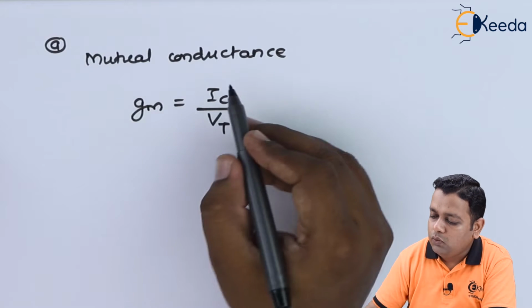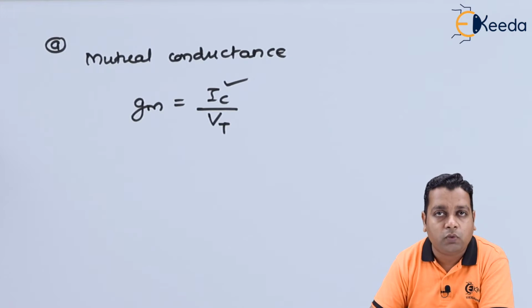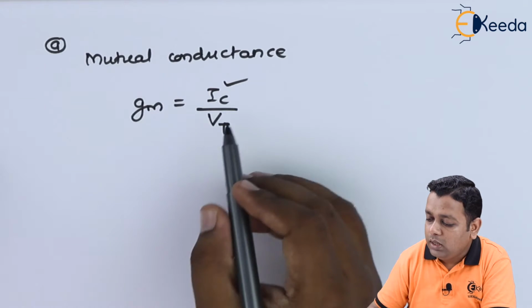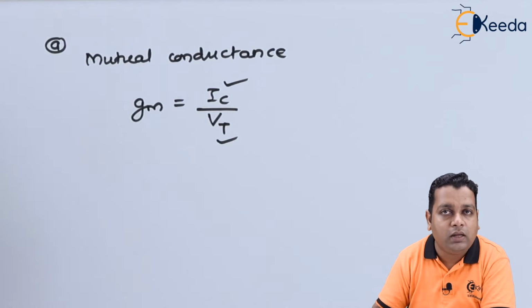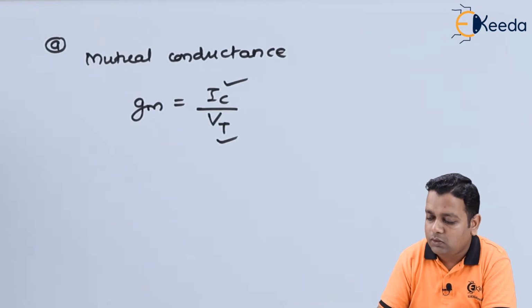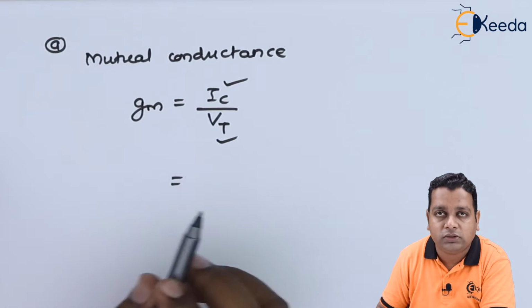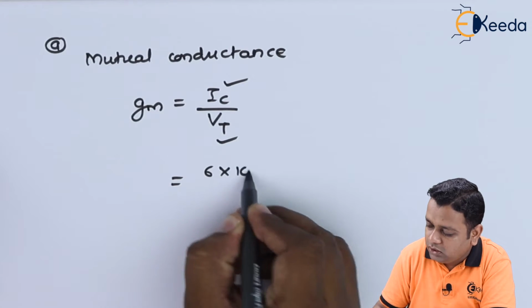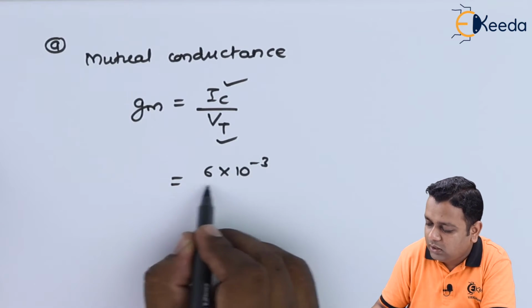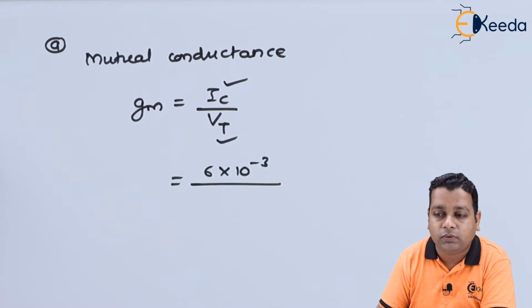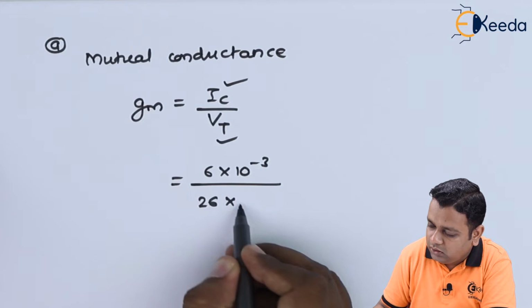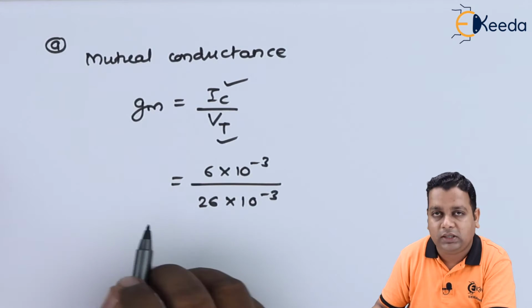T. Now the value of IC is already provided to us, and as you have gone through the understanding of the device configuration in the previous video, the value of Vt is to be assumed here. So it is a constant value, so we substitute both the values as known ones. So here the numerator will become 6 into 10 raised to power minus 3 as the collector current, and the value of the voltage V suffix T is equal to 26 into 10 raised to power minus 3.